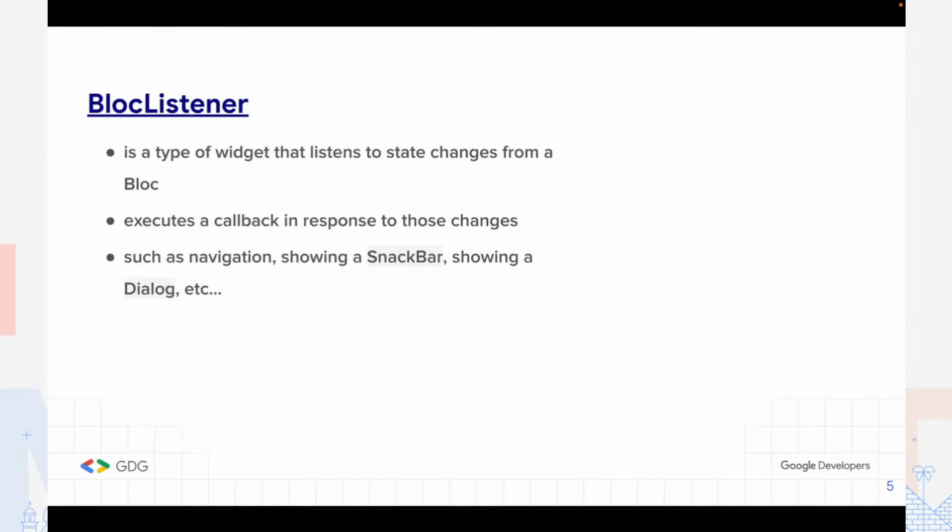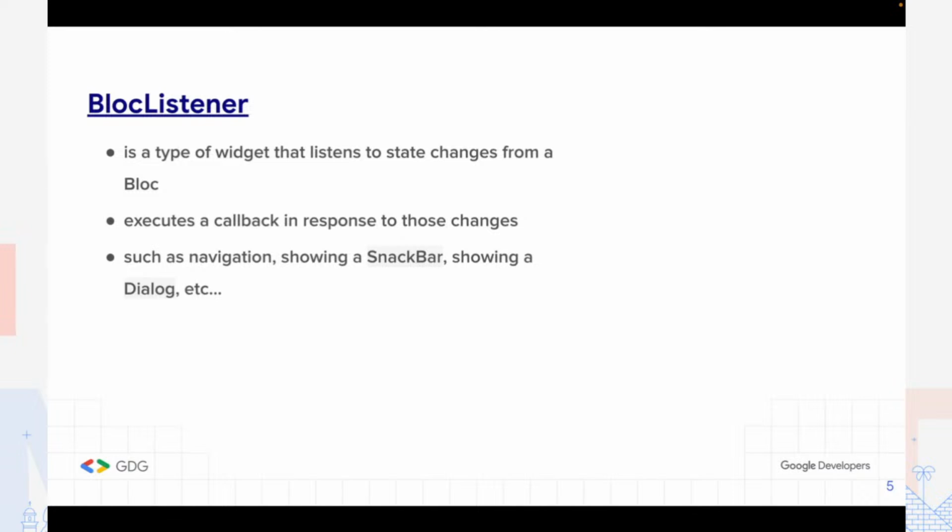The user exists, and the user has entered the correct email and password. So the user was successfully authenticated. Once that happens, we want to redirect the user to some other page. We can do this using the block listener widget.